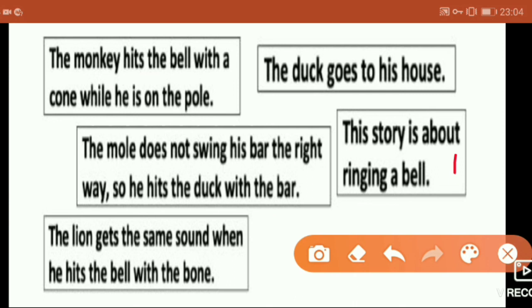Our number 2 will be the monkey hits the bell with a cone while he is on the pole. Number 3, the lion gets the same sound when he hits the bell with the bone.